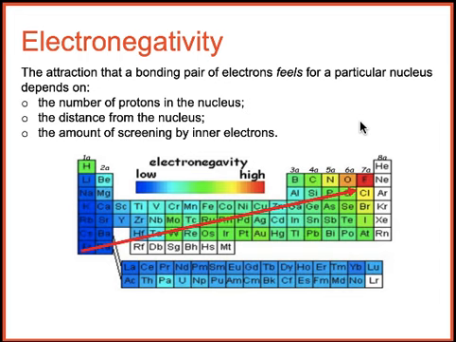So the attraction that a bonding pair of electrons feels for a particular nucleus depends on the number of protons in the nucleus, the distance from the nucleus, and the amount of screening. All you need to know is that electronegative pull comes from the periodic table's properties. And there's a trend.